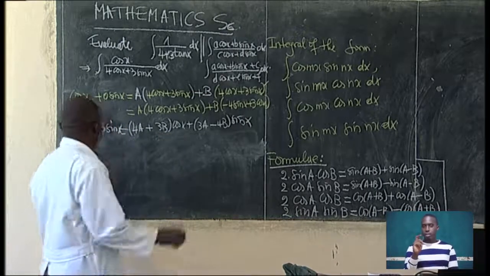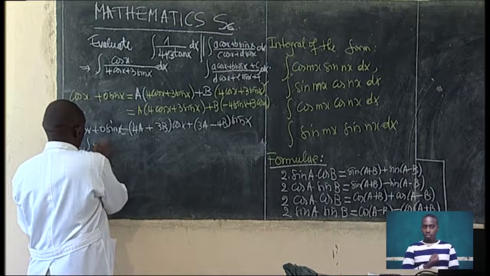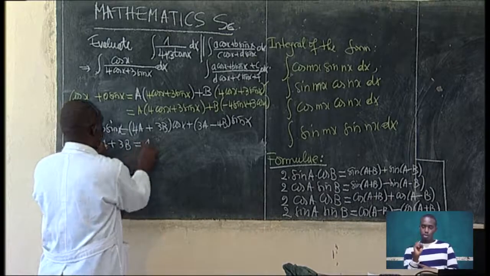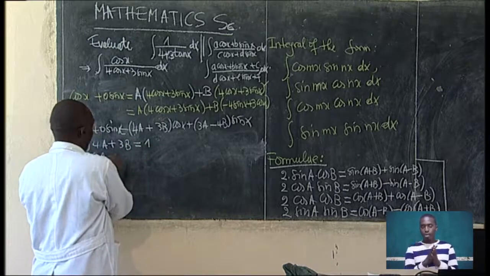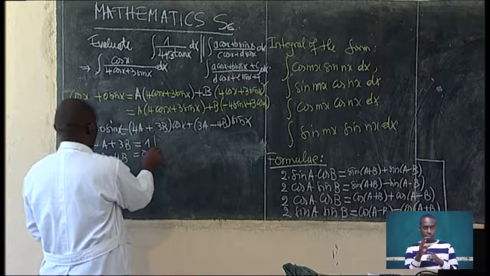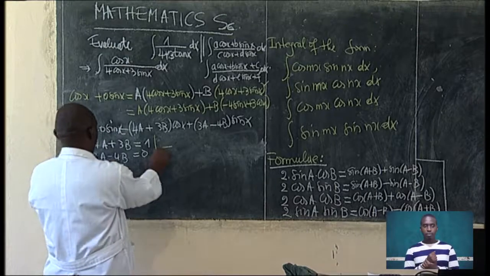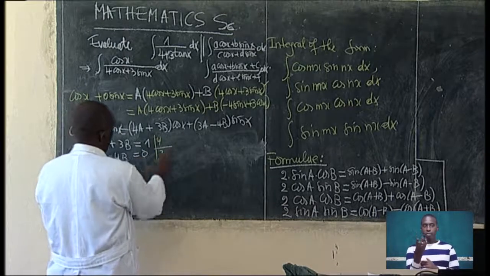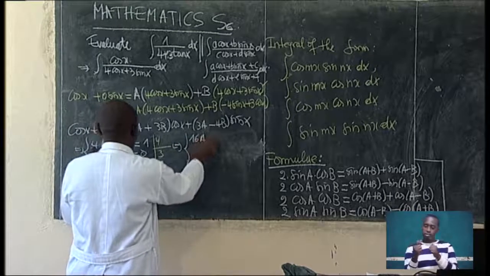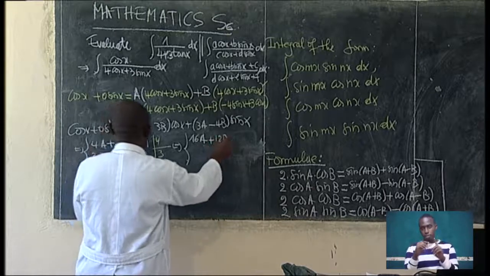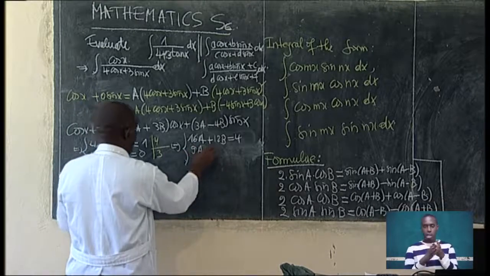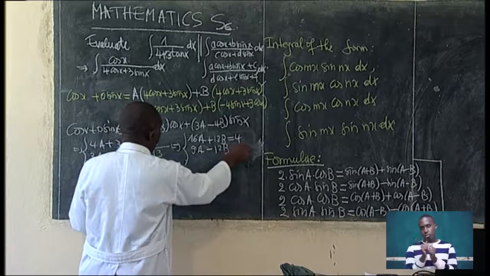Equating the coefficients, I'll be having 4a plus 3b equals 1, and 3a minus 4b equals 0. If I multiply by 4 and 3, I'll be having 16a plus 12b equals 4, and 9a minus 12b equals 0.